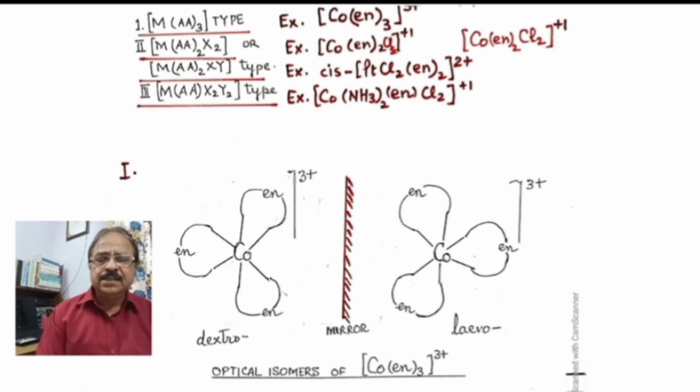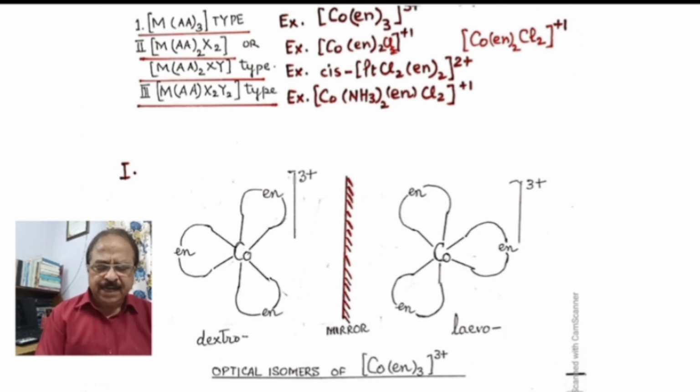So we will discuss these four examples: one example of the first type, two examples of the second type, and one example of the third type. Now let us look at the figure. See, I have kept a mirror in between.